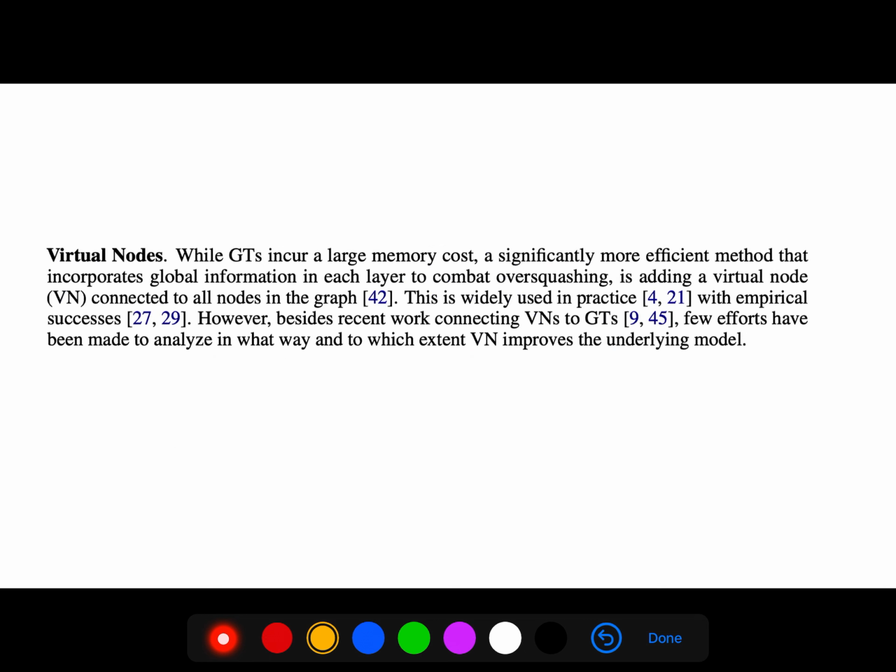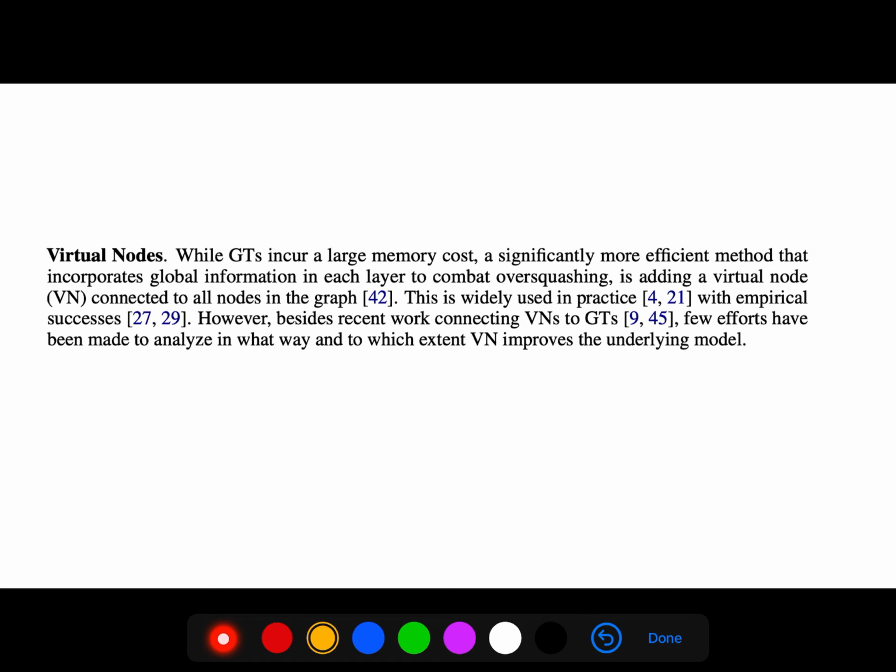So while graph transformers incur a large memory cost, a significantly more efficient method that incorporates global information in each layer to combat oversquashing is adding a virtual node connected to all nodes in the graph. This is widely used in practice with empirical successes.